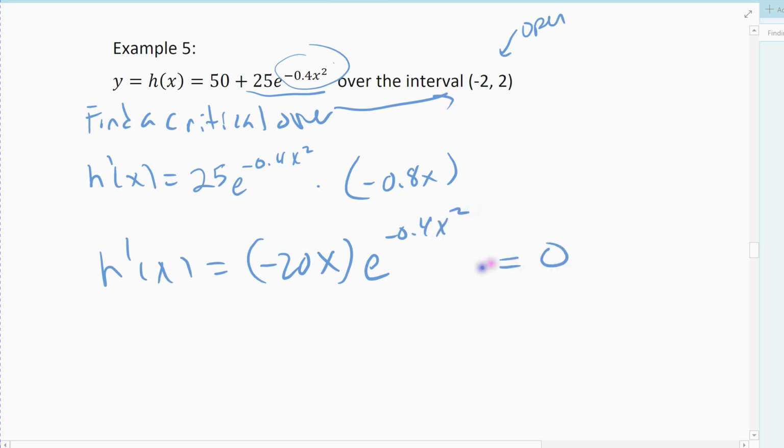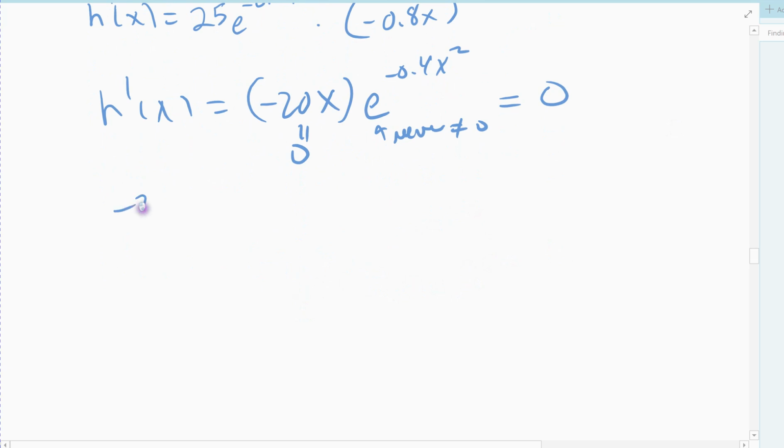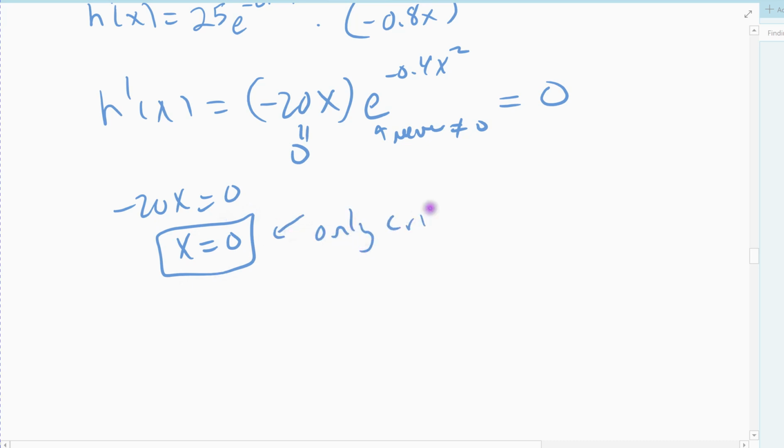Set it equal to 0. Now remember, the e term is never 0. So the only 0 I can actually get out is at the -20x. So -20x equals 0. Well, 0 divided by -20 is 0.